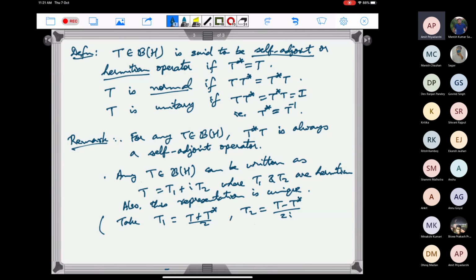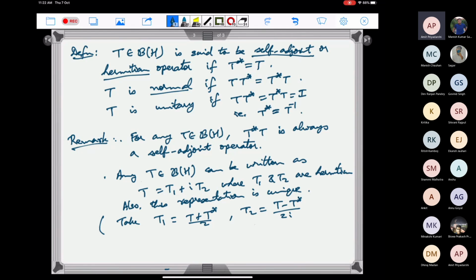And uniqueness again, because if you take any T which is of the form T1 plus i T2, where T1 and T2 are Hermitian, then T star will be equal to T1 star minus i T2 star, but T1 and T2 are Hermitian, so that is equal to T1 minus i T2. Then by adding you will get that T1 is equal to T plus T star by 2, and by subtracting you get T2 equal to T minus T star by 2i.